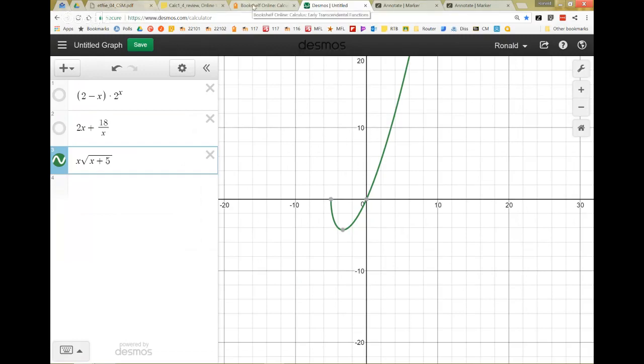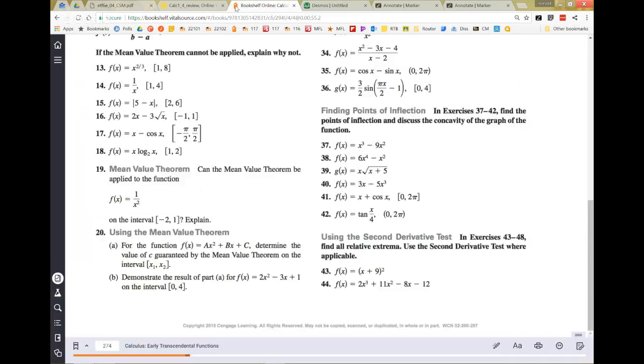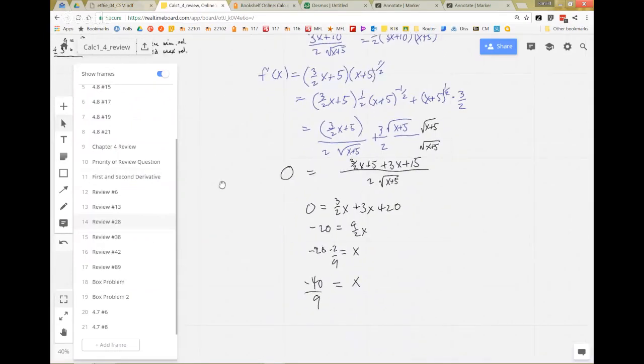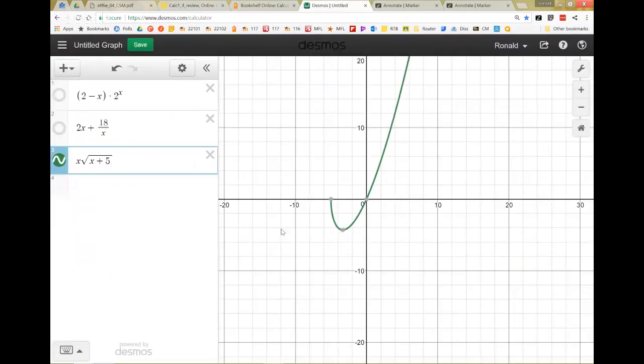Okay, what did I find out? Where are we now? We're back here. So that supposedly is a point of inflection, negative 40/9. Let's just take a look now at the graph. Negative 40/9 is approximately what?